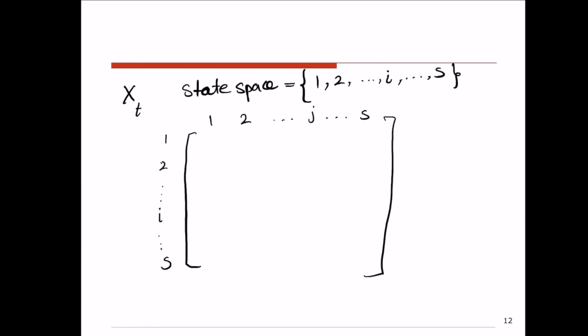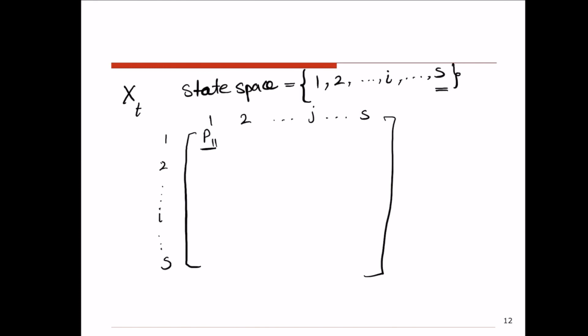Okay, so if I have S possible states for the system, I will have S rows and S columns. Each element of this matrix shows the probability of transition from any state i on the rows to any state j in the column. So let's say the first element here, I'm going to show it by P11.